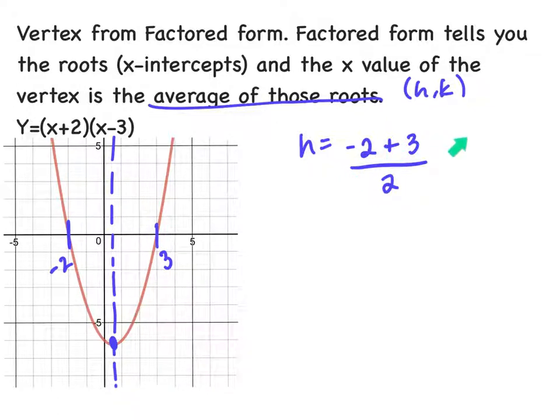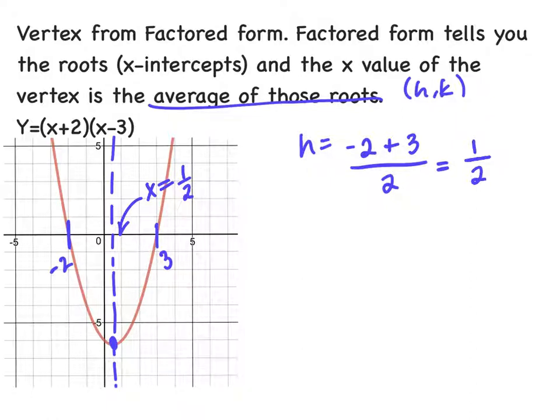If I had a third number here, it wouldn't be a parabola, but I would divide by 3 to average them. So -2 plus 3 is going to give me a +1. I'm going to take the 2 over, so 1/2. So right there, that axis of symmetry is at x equals 1/2. That's also my h value for my vertex.